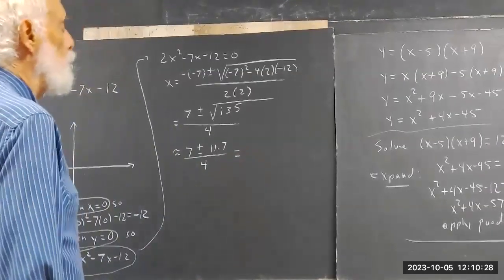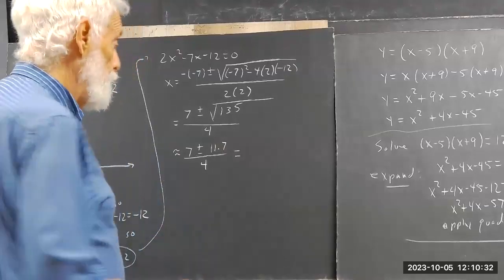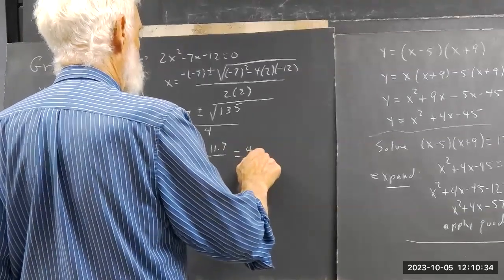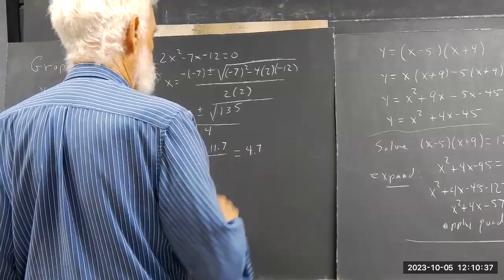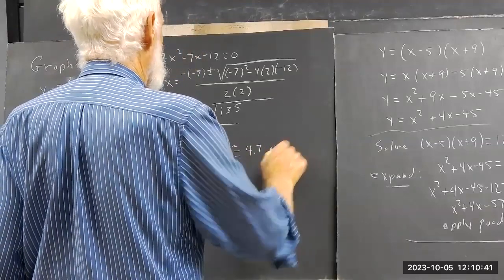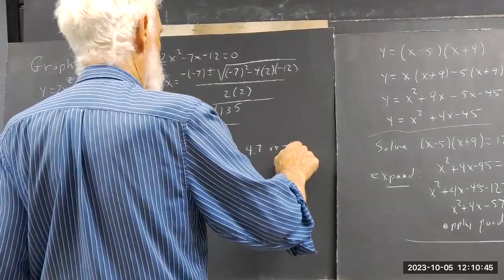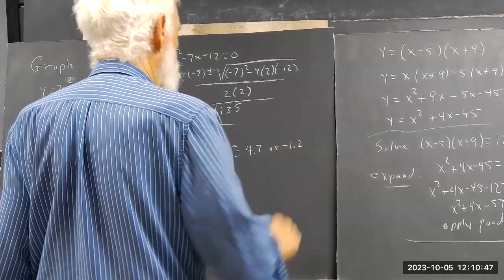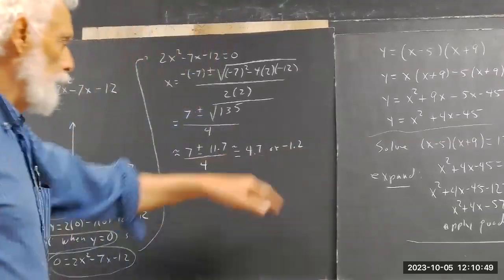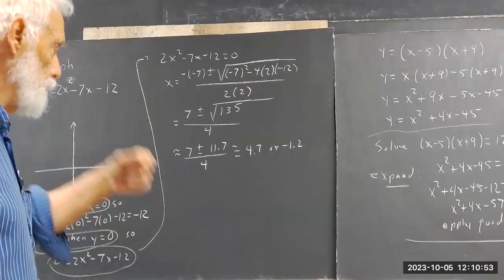So this gives us two solutions. We're going to get 18.7 divided by 4, which is 4.7 approximately, or negative 4.7 divided by 4, that's about negative 1.2. Those are approximate, but we're going to draw the graph, and we don't need much more than 2 significant figures.